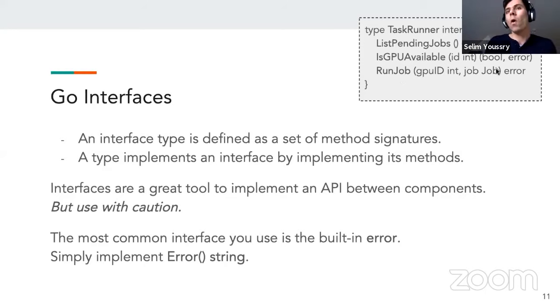That's all you need to know to make that task runner useful for you. There might be multiple implementations of that, because an interface is just a contract, but there can be multiple implementations of the same interface. It's quite handy when it comes to mocking, and we'll see how these two ideas play together quite well.